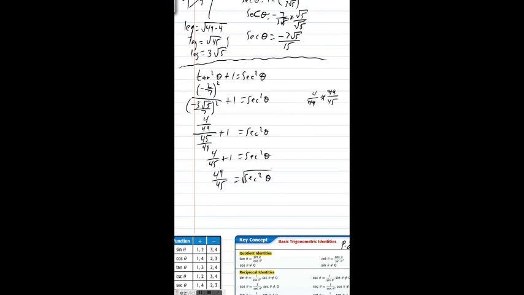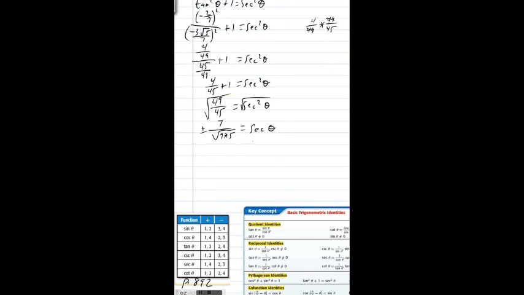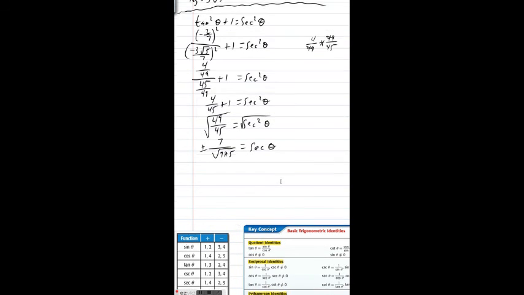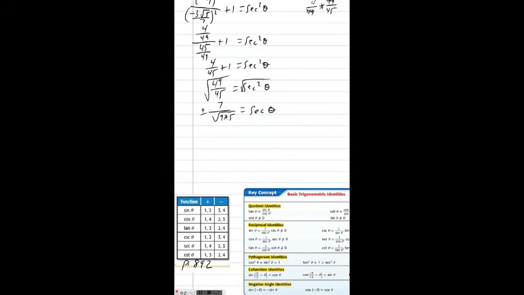Taking the square root, we get 7 over the square root of 9 times 5. That's plus and minus because there are two answers. And secant, we talked about way up here, we're in the third quadrant, and secant in the third quadrant is negative.